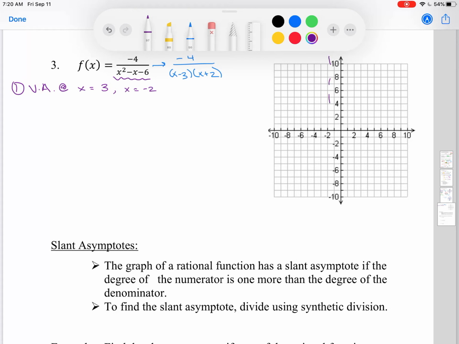So I go to my graph, make sure I line this up correctly here. -2 and +3. So there's my vertical asymptotes. Then step 2, I have horizontal asymptotes at y equals, remembering horizontal is always y equals.